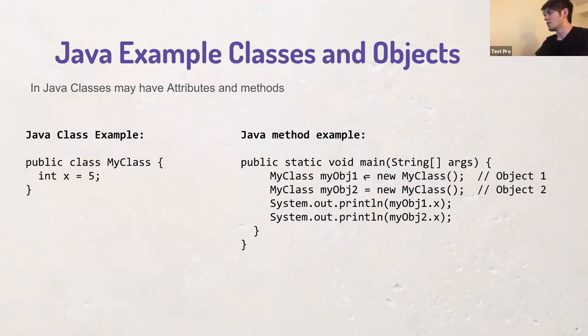After you instantiate it, you can actually work with it. Let's say you can print the value of this attribute. My class has an attribute, an integer x, which is equal to 5. After instantiating it here, you can interact with it and print this attribute or variable.